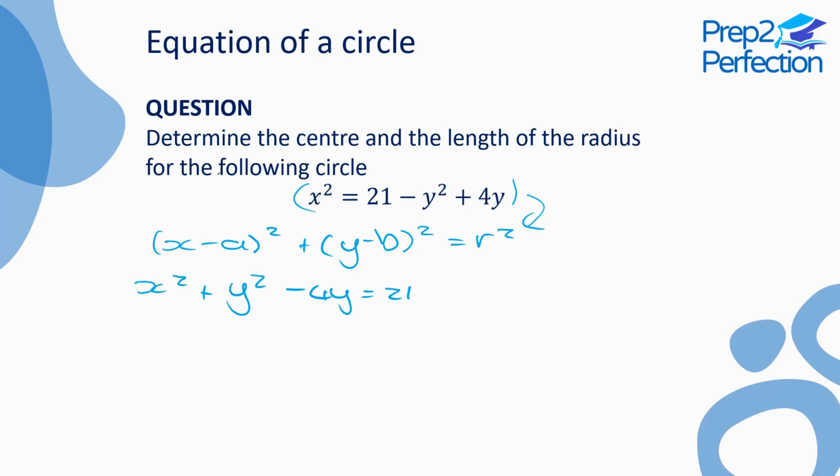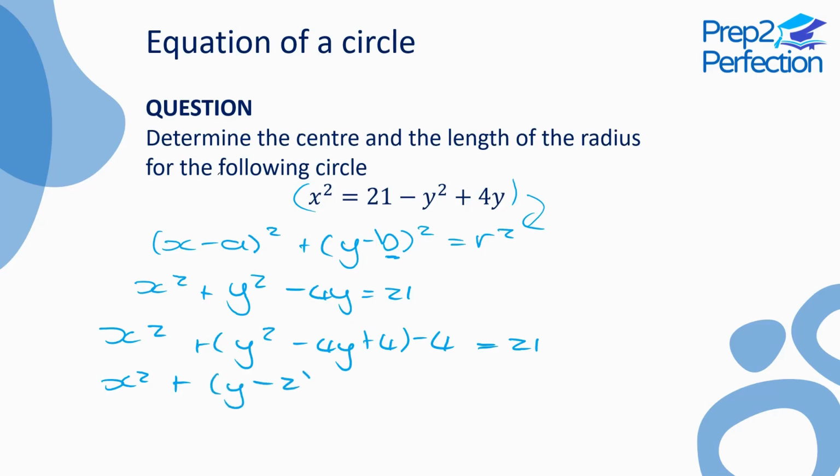Then we're going to get our b value. So x squared plus y squared minus 4y plus 4 minus 4 equals 21. Then we're going to get x squared plus (y minus 2) squared equals 25.